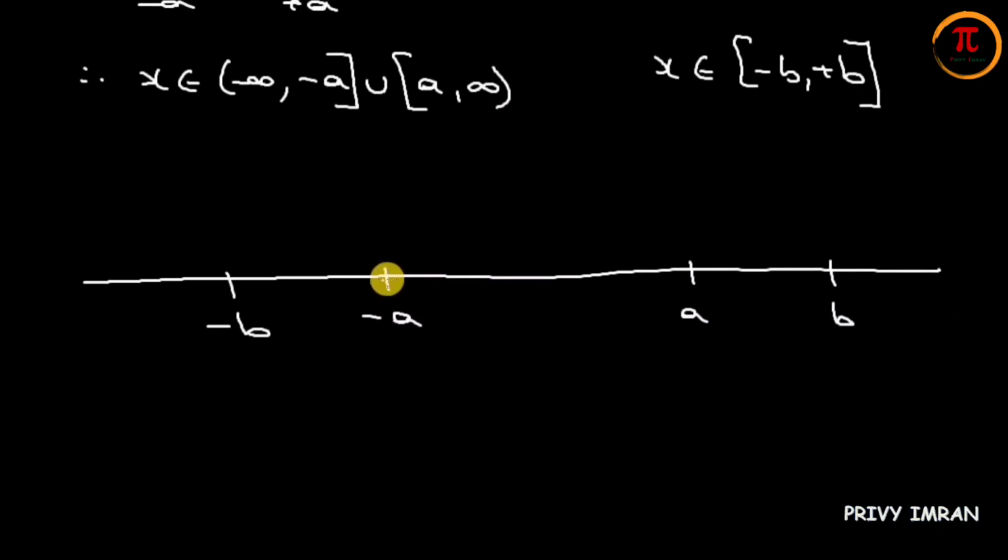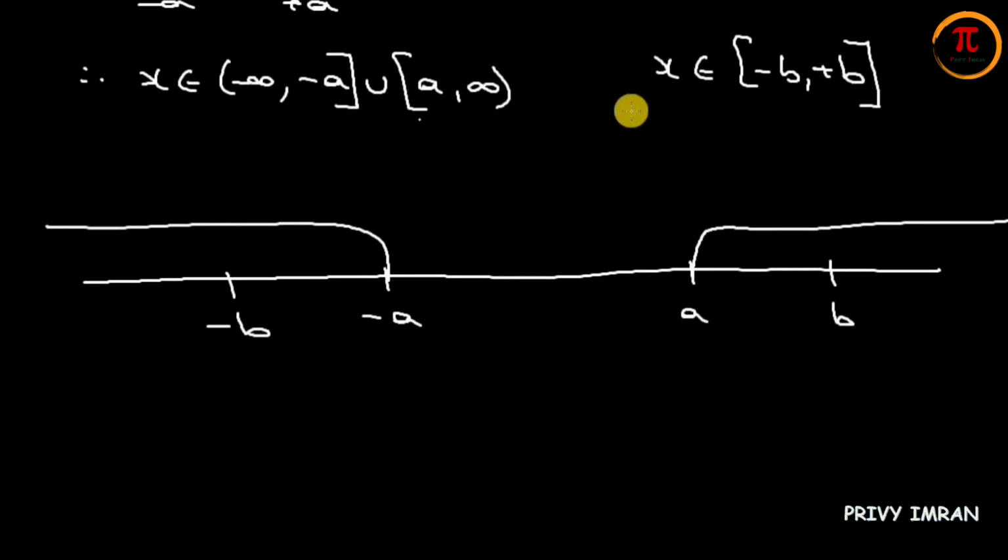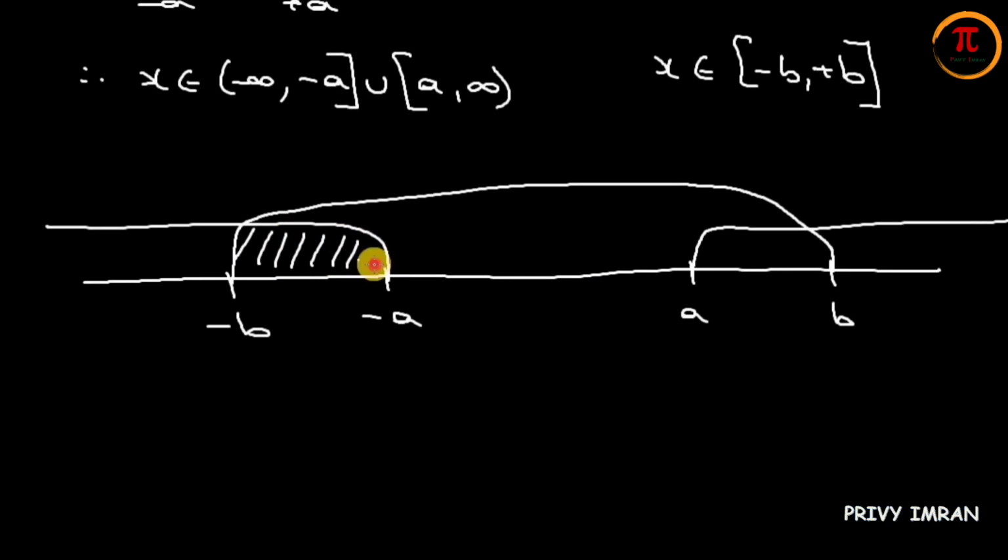And again if you observe in my second case, x belongs to minus b to plus b. Hence if you observe here, the common region is here and here. Therefore x belongs to minus b comma minus a union a comma b.